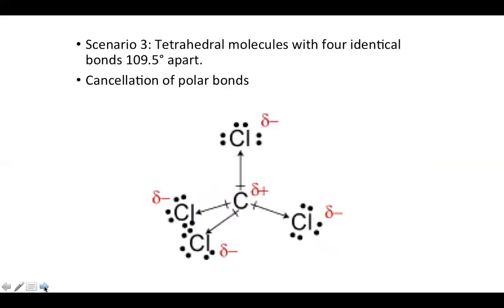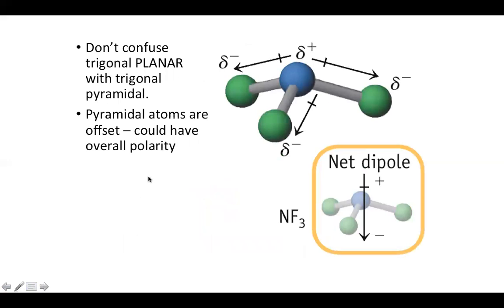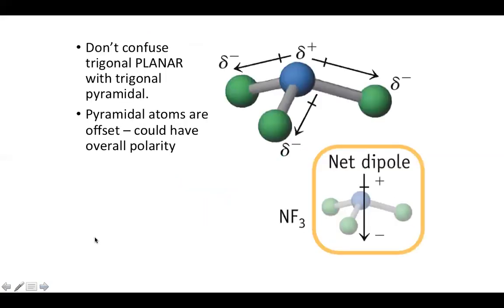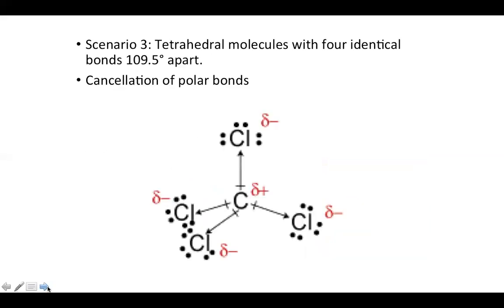Now, on the other hand, that was for trigonal planar, but if you're looking at trigonal pyramidal, which can occur when you have a lone pair on the central atom, those will have a net dipole moment. Because of that extra electron pair, electron pairs will throw off symmetry and cause a net dipole moment.